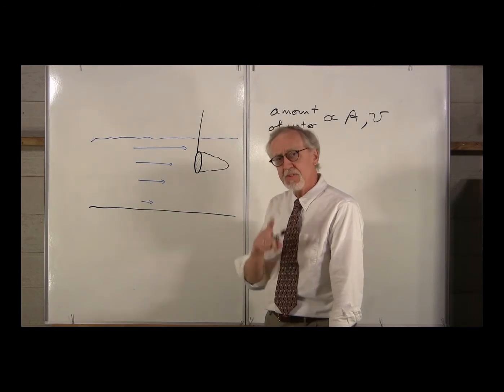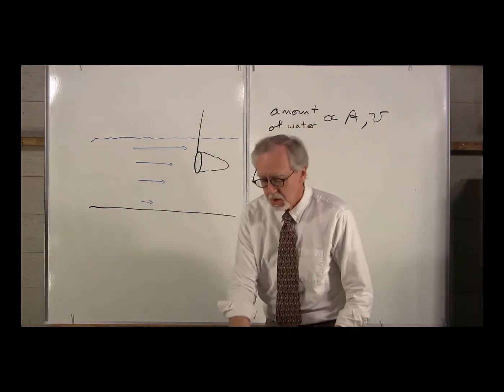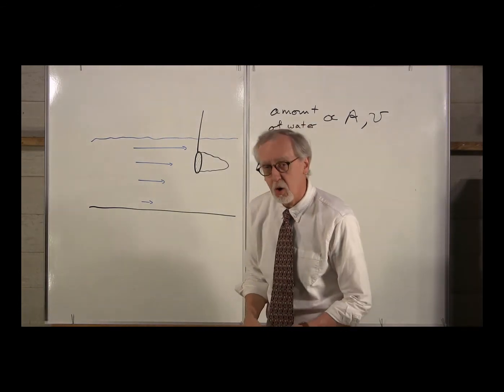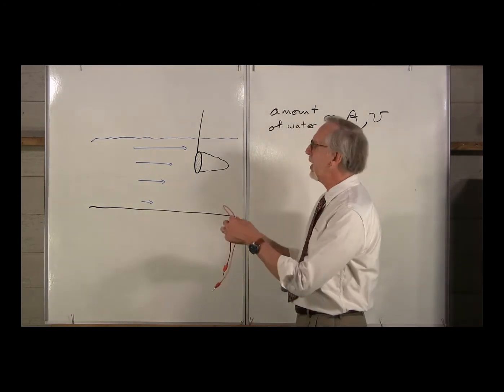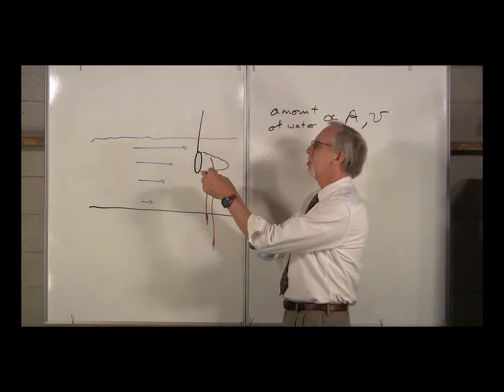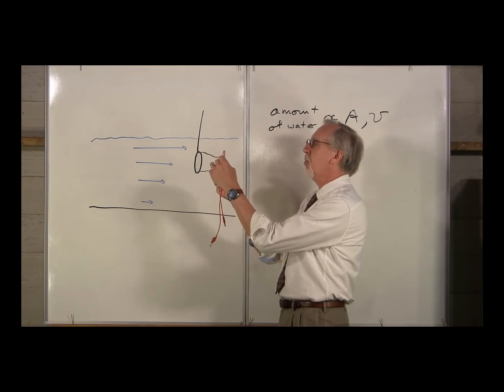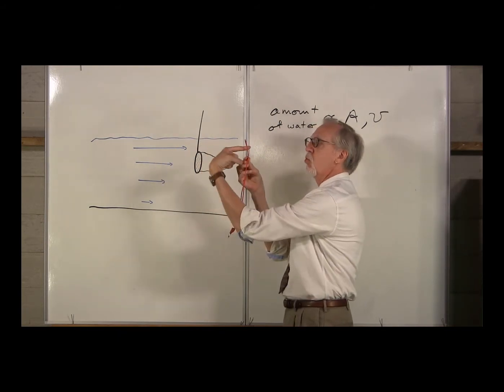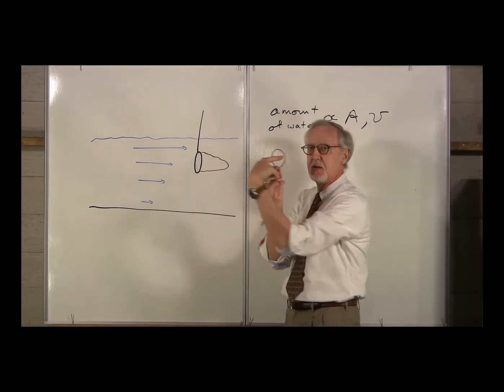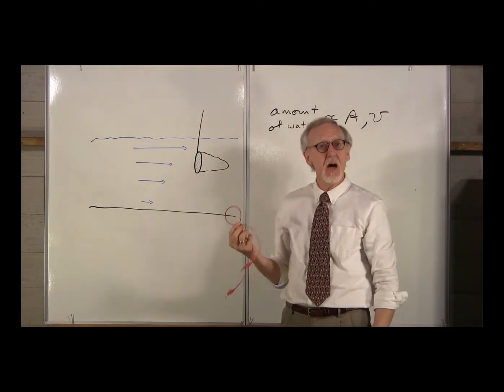What else? There's actually one more thing. What about how we hold the net? If we hold the net like this, so that the opening is open and the water is able to go right directly into the loop, we'll get a lot of water.